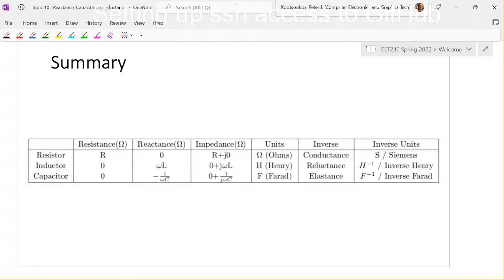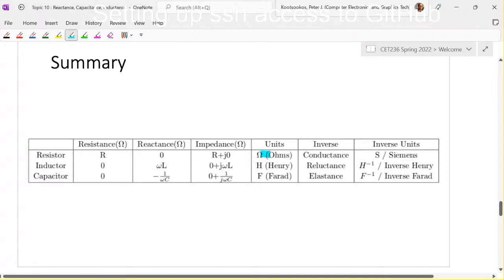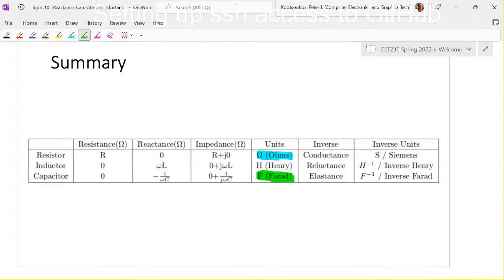So when we talk about a resistor, its R value is given in ohms. When we talk about a capacitor, its capacitance, that C value, is given in farads.